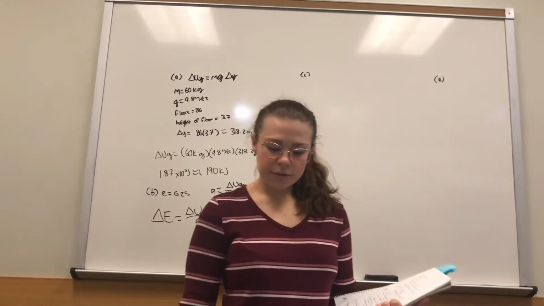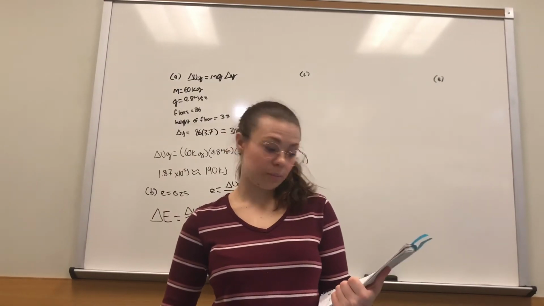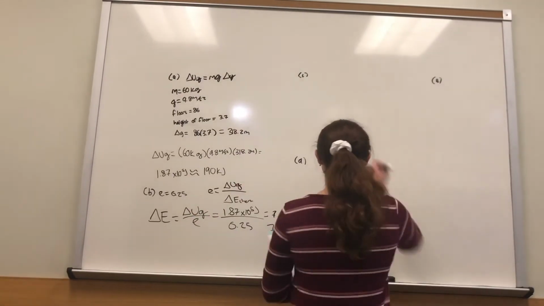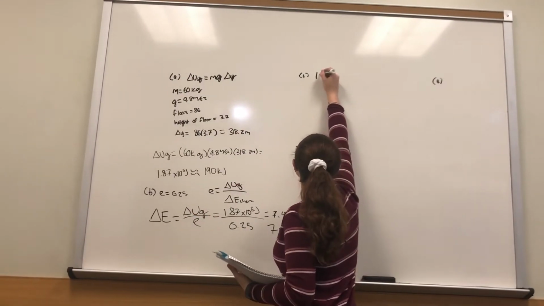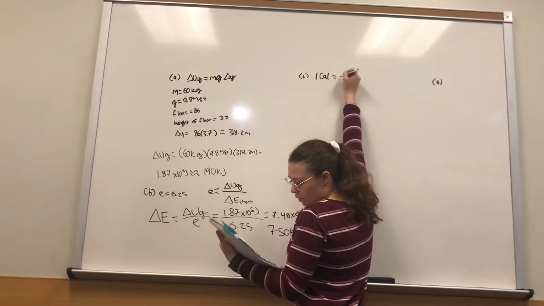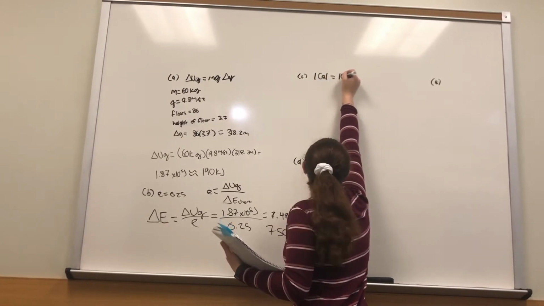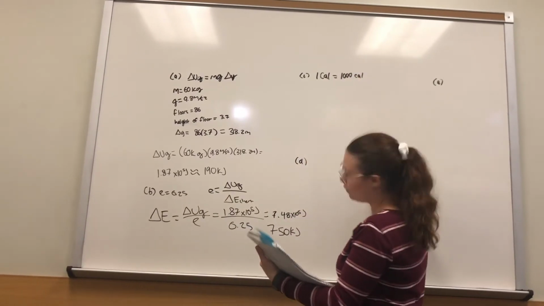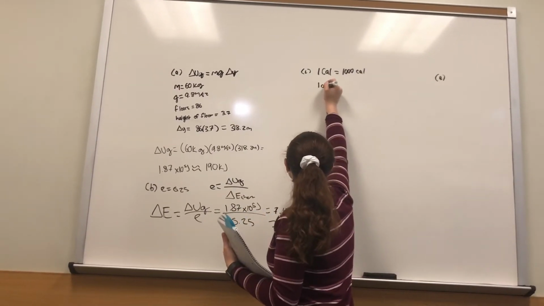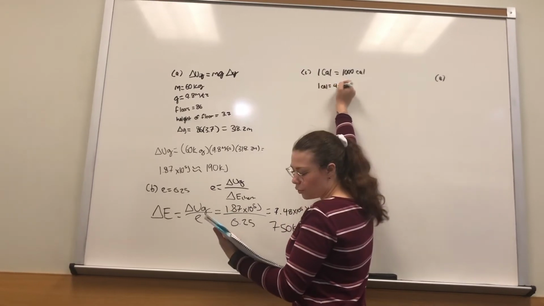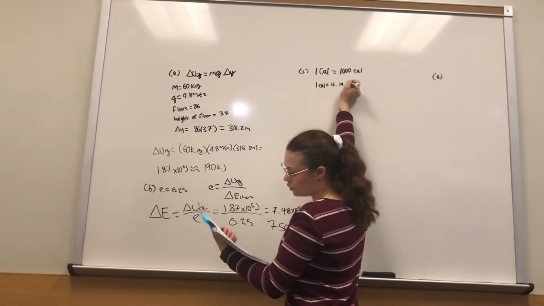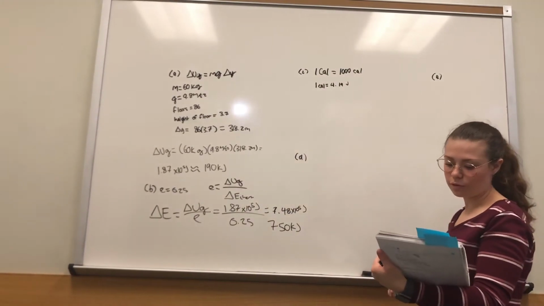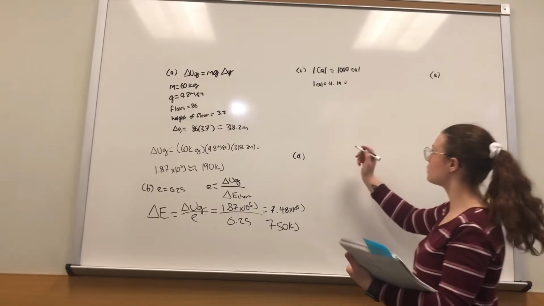And then part C reads, how many food calories did the winner burn in the race? So for part C, we have 1 capital C calorie is equal to 1,000 lowercase c calories, and then 1 lowercase c calorie is equal to 4.19 joules. And so we're going to convert our food calories to joules.